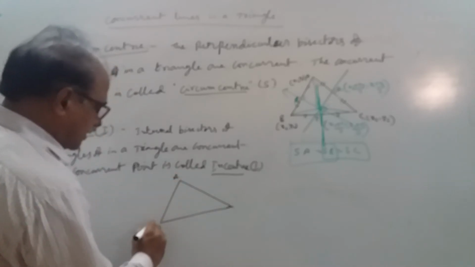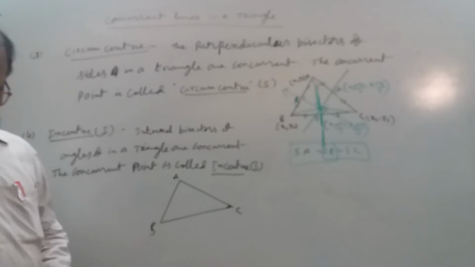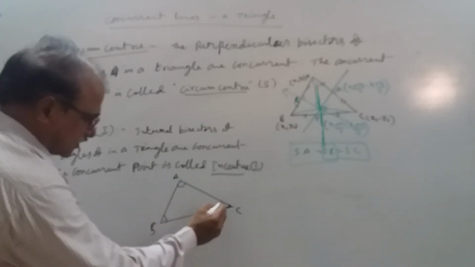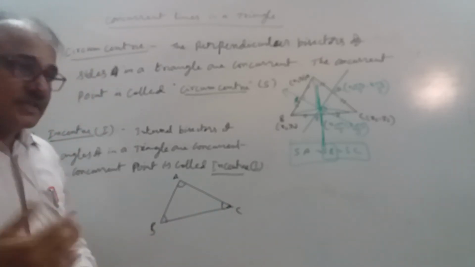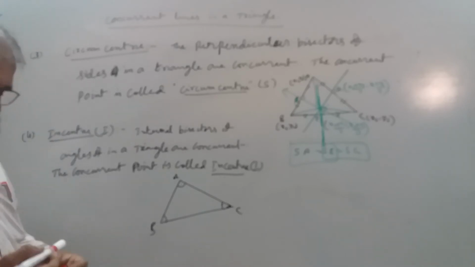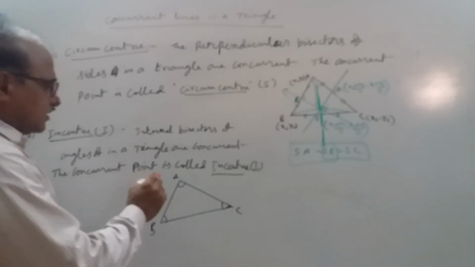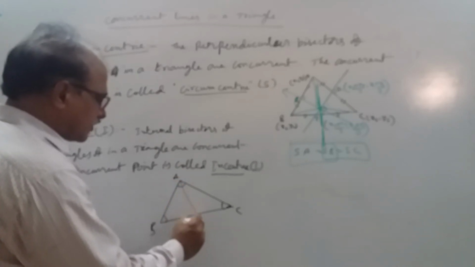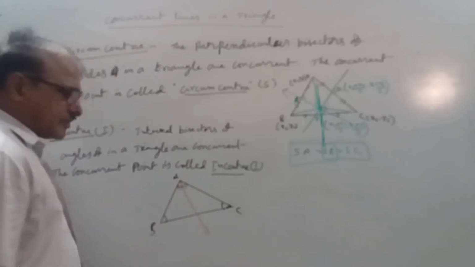I will explain by using the figure. Let ABC be the triangle, and this is angle A, this is angle B, this is angle C. If we draw the angle bisector of angle A, it divides angle A into two equal parts.